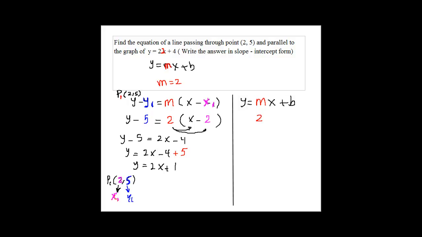I forgot to add the 5 on the right side, though. Okay, so now you know how to do them. Brian, do you see where you went wrong? Because you gave me a wrong answer too. You found y is equal to 2x plus 5. Where did you go wrong? Yeah, I got that. I substituted the y from the point 2, 5 into y equals mx plus b. Okay, so do you see how to do them correctly now?